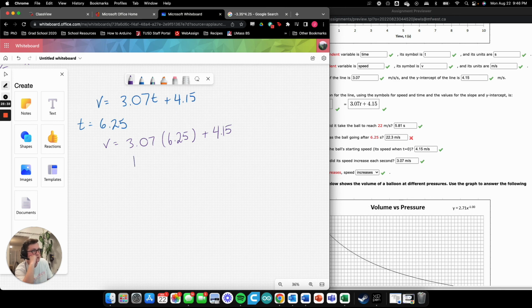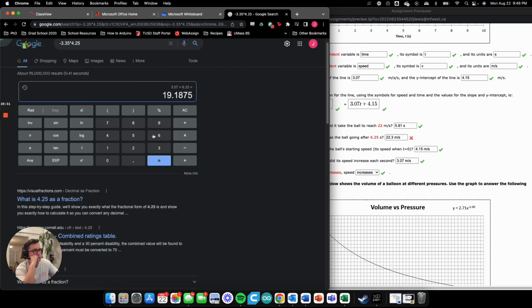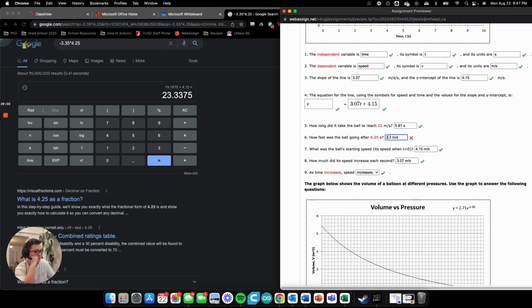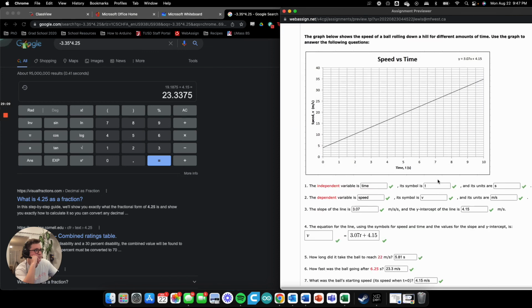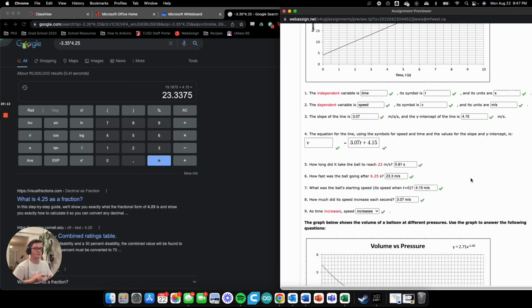That sounds familiar. Plus 4.15 is 23.3. That's my issue. I typed it in wrong. It's always the simple things, isn't it? I'm a silly goose. Alright, well there we go.